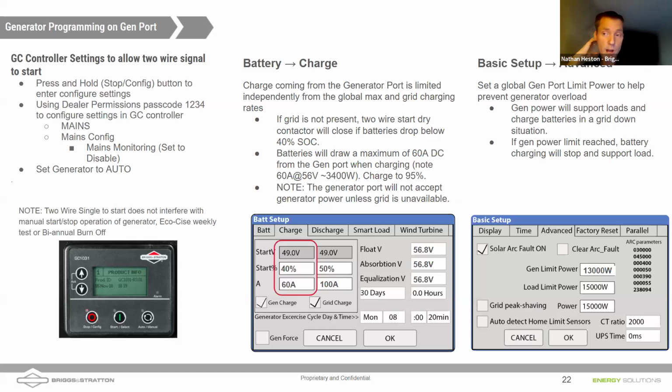So I would not exceed 10 kilowatts of battery charging, even for my home. Leave at least 3, maybe 5 kilowatts of available power for the loads in the house when you're doing battery charging. But setting that limit there will allow the inverter to slow down battery charging as loads come on and go off in the house.